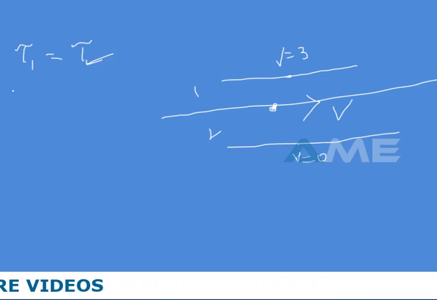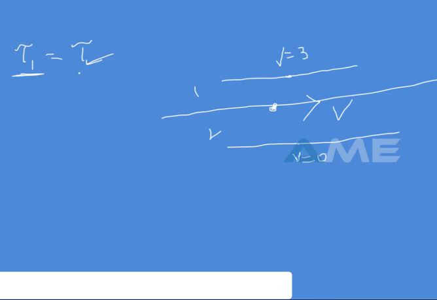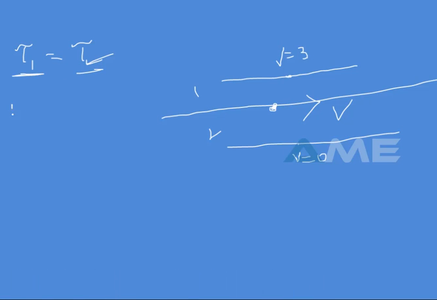What is the shear stress formula for Newtonian fluids? It is mu 1 of the first fluid times the change in velocity divided by height 1, which equals mu 2 times the change in velocity divided by height 2, in the y direction.